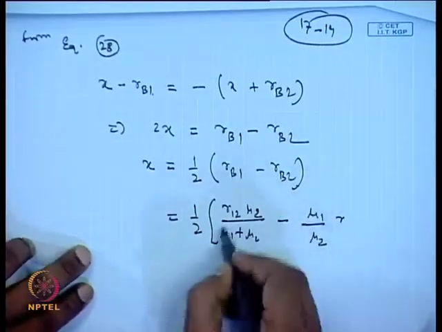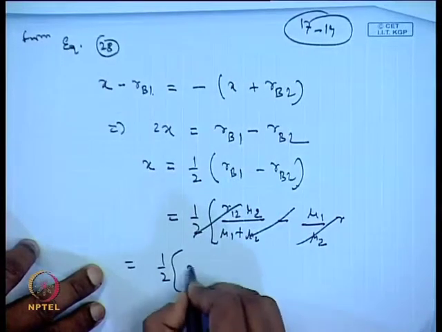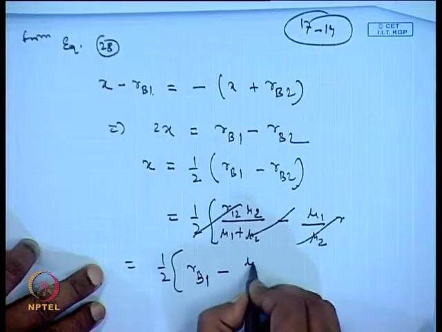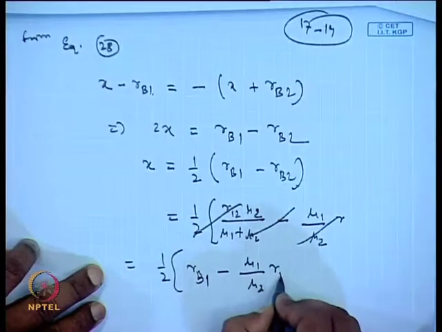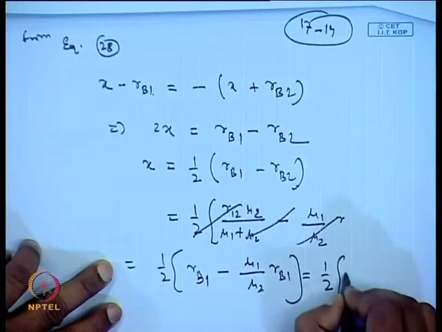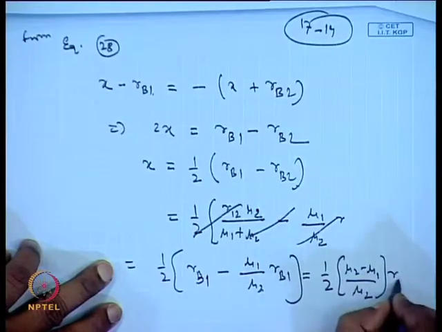So, we can simplify it first and then write again 1 by 2 (R_b1 minus R_b2) as 1 by 2 (R_b1 minus mu_1 by mu_2 times R_b1).